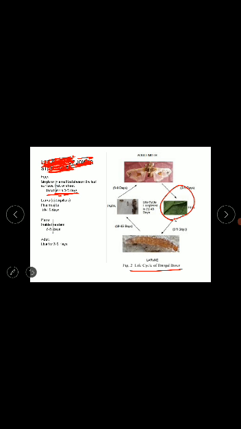When the eggs hatch, the caterpillars come out, and they undergo 5 molts. The 5 molts are observed within 10 to 15 days, which means the larval span is about 10 to 15 days.